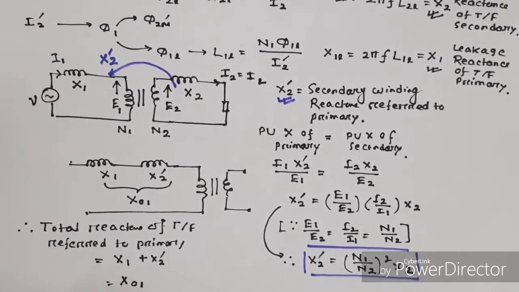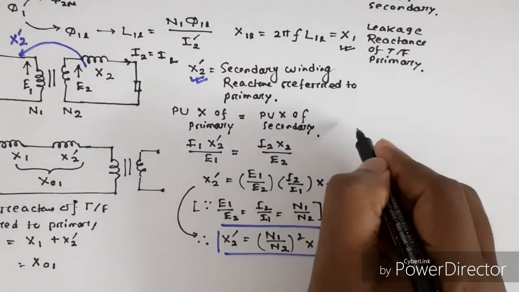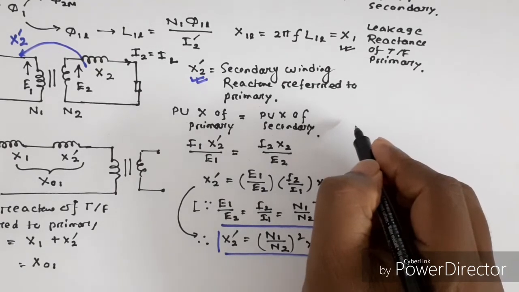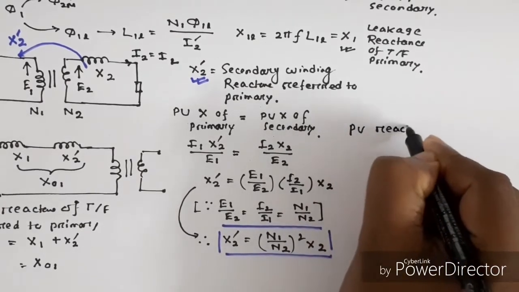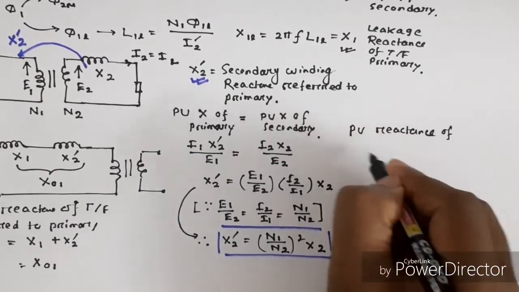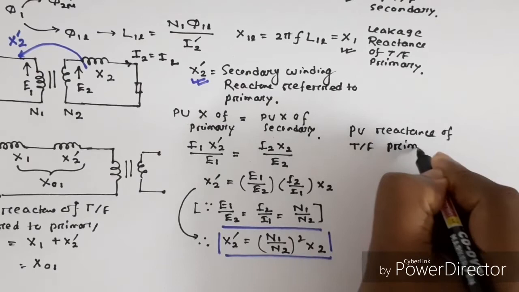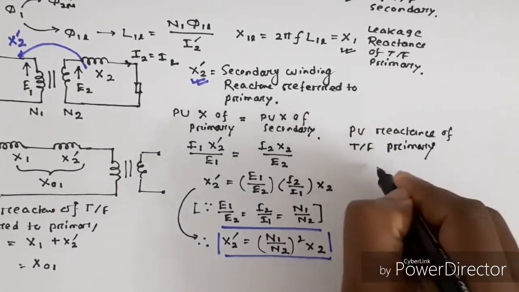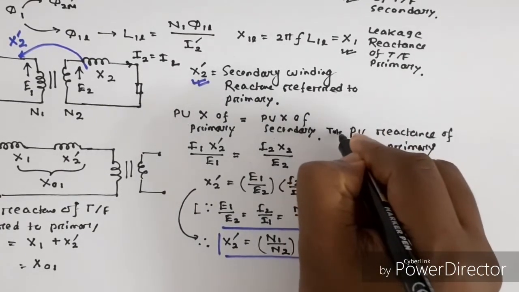Therefore, the per unit reactance of transformer referred to primary is given by total per unit reactance.